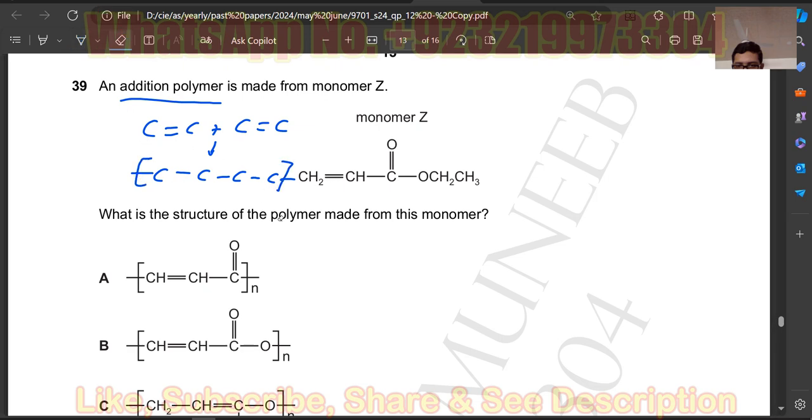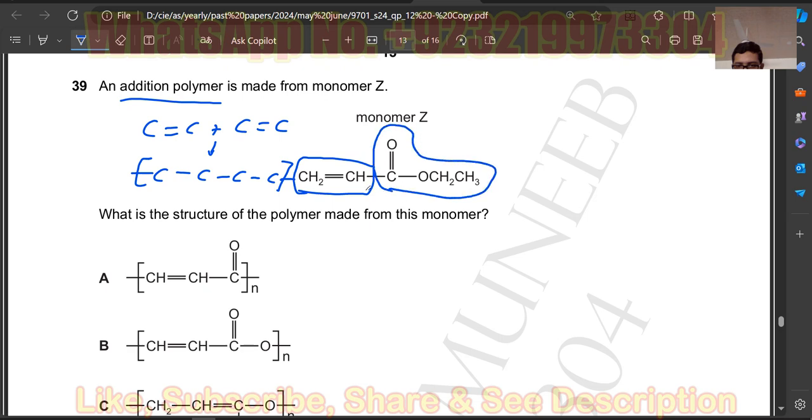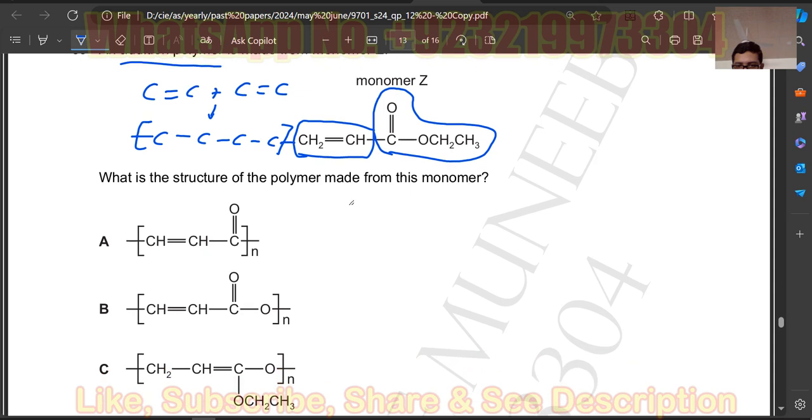In this case, the carbon-carbon double bond is present here. Now we have to add the other monomer from this point, and this part will become the side group. It will not be part of the main backbone of the polymer. It will come as a side group.